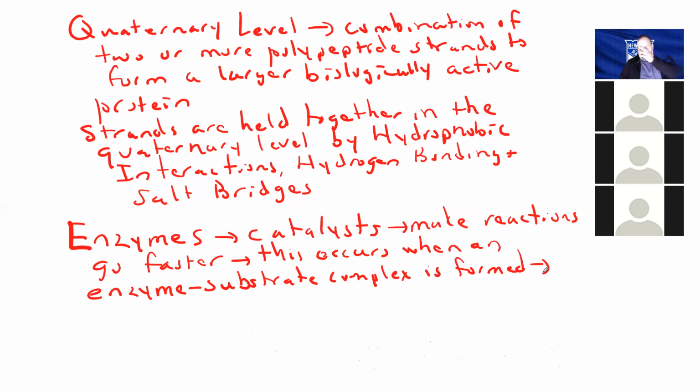And we'll get into that. We'll talk about how the substrate has to become bound to the active site on the enzyme. And when the substrate is bound to the active site on the enzyme, you have an enzyme substrate complex that results. What's the impact of having an enzyme substrate complex?